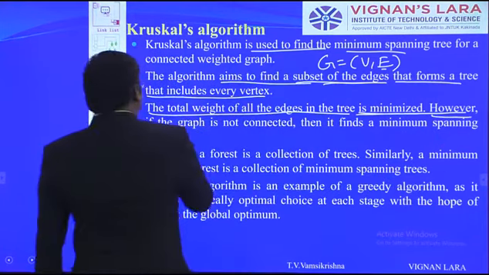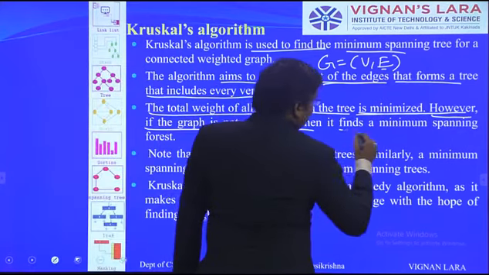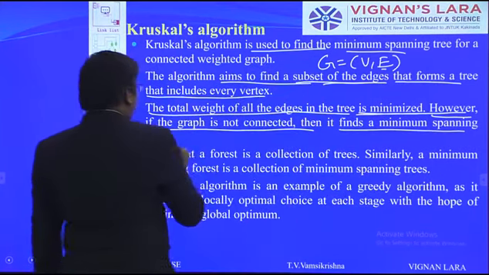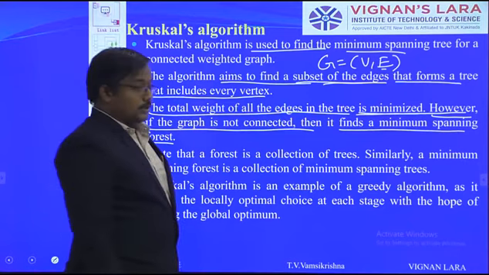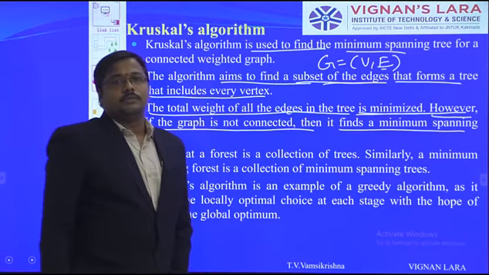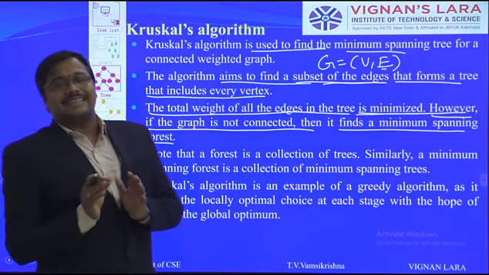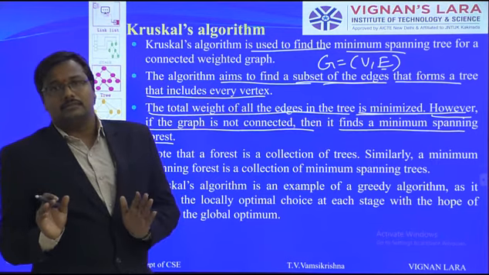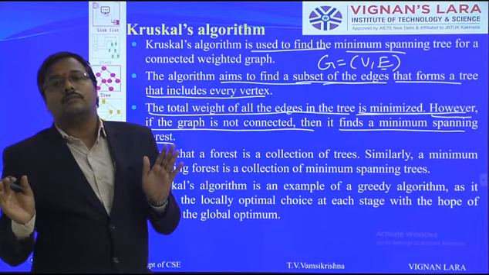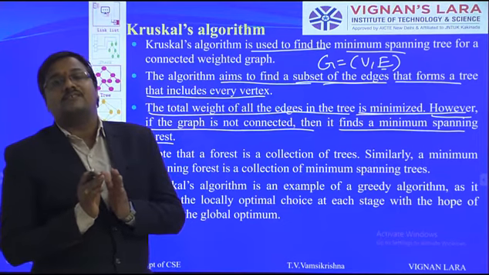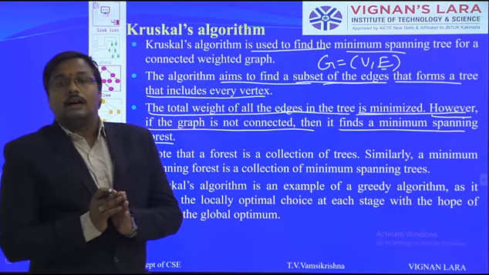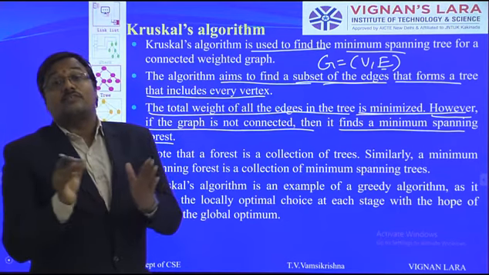However, if the graph is not connected, then it finds a minimum spanning forest. That means the graph is disconnected, so all the vertices are not forming one component. A graph can be defined as a set of components.